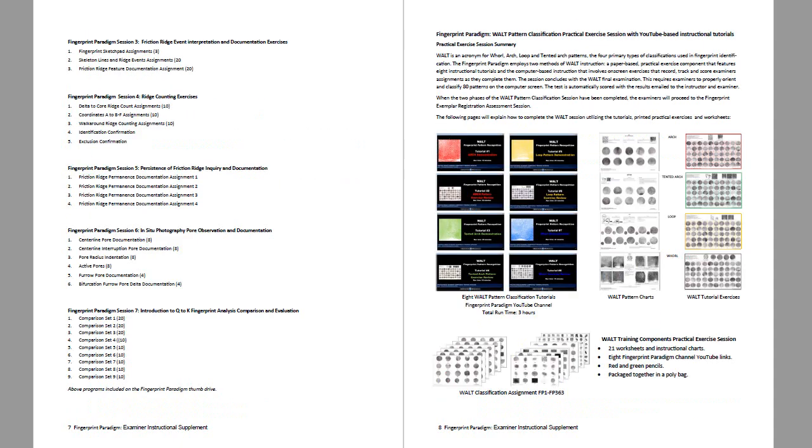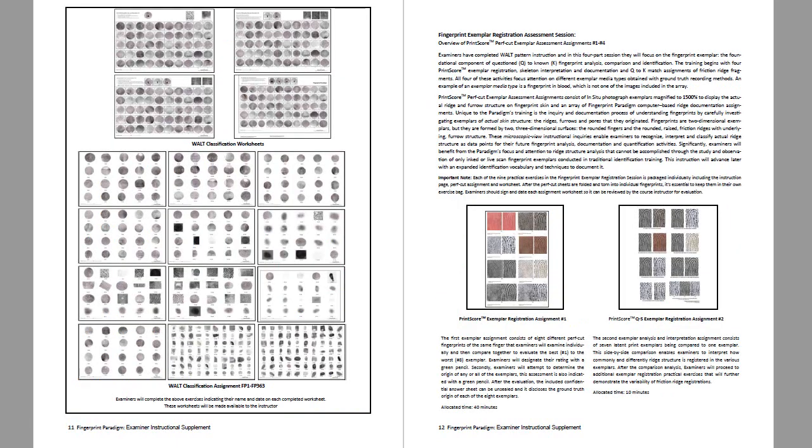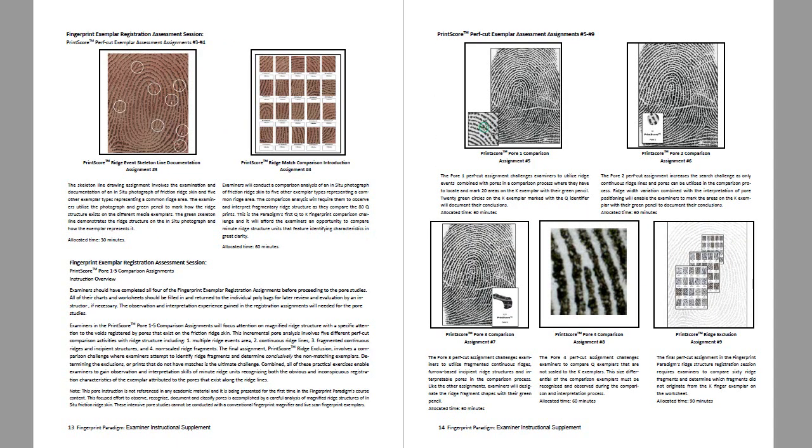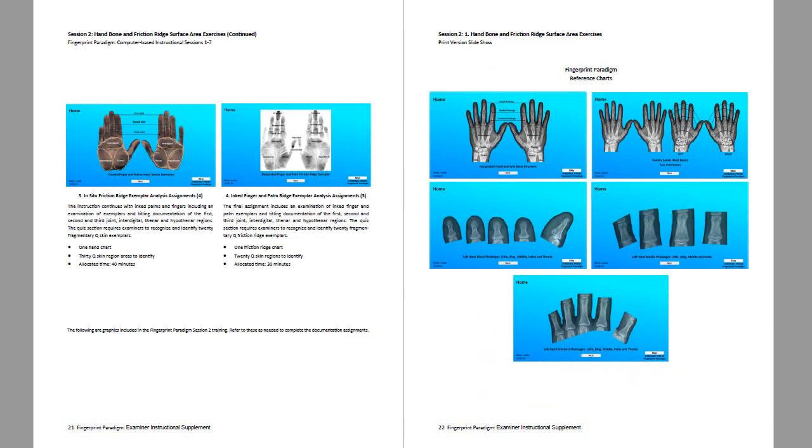You'll recognize the information that is in this video, and also you'll be able to see the different screenshots that you will be seeing when you go through each of the exercises.